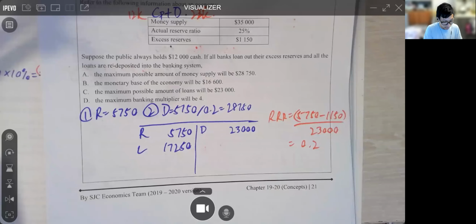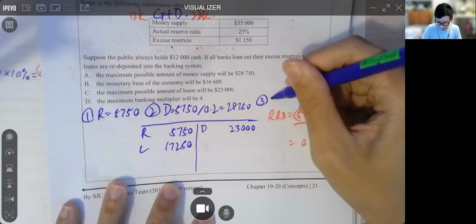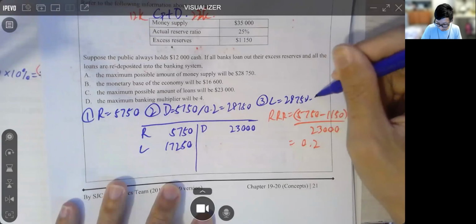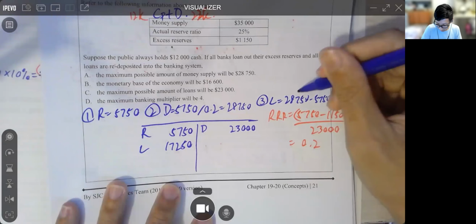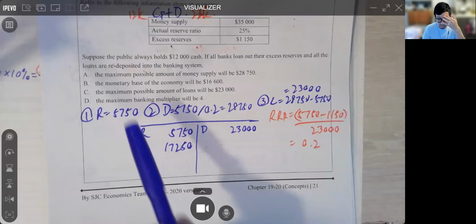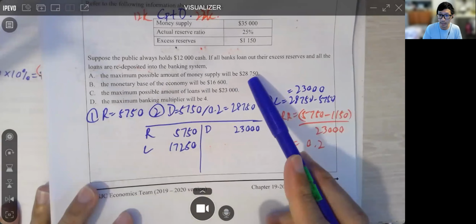And of course, that will give us the loan being this amount. Okay, so let's see. The maximum possible amount of money supply would be this amount.